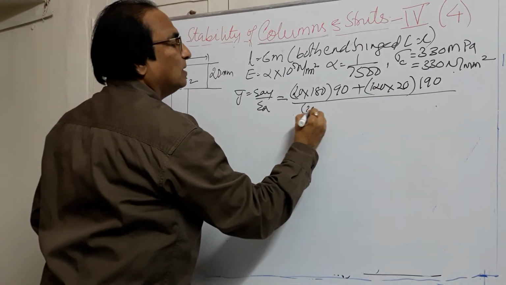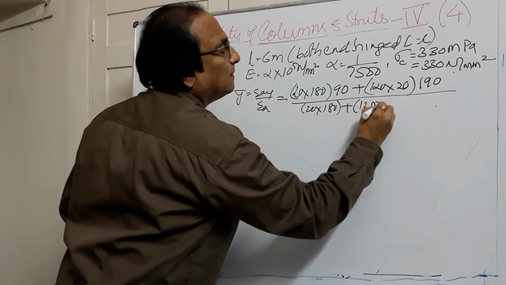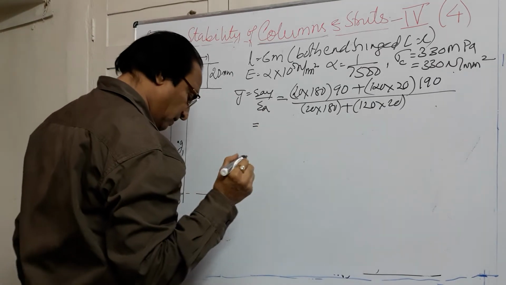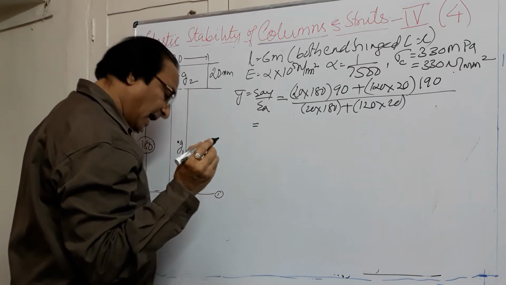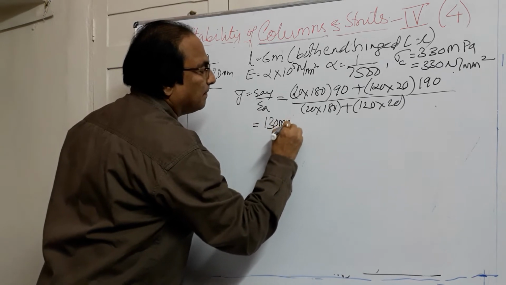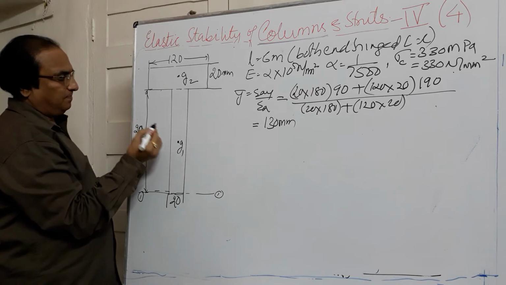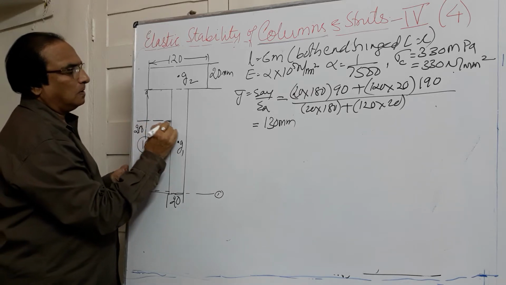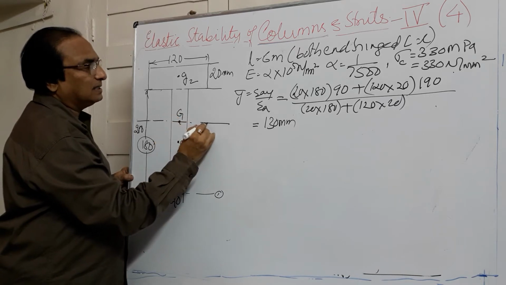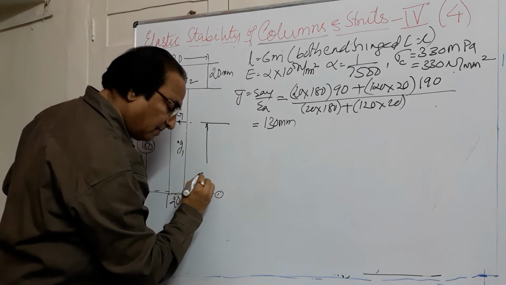We know the area is 20 into 180 plus 120 into 20. So if you calculate y bar, you get the distance of the centroid from the bottom as 130 mm. So here the centroid will be somewhere. This is the centroid of the given figure, and this height from the bottom is 130 mm.